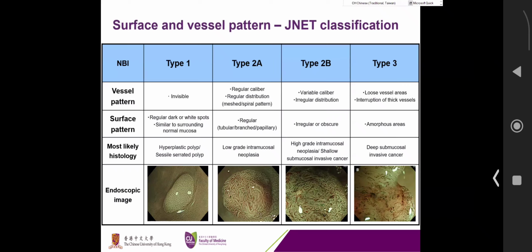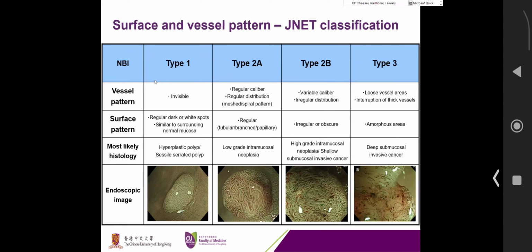So recently, not very recently, but I think we are moving towards the era of the JNET classification in the colon. In fact, this can be applied most of the time rather than the NICE classification, which I would say is too crude.